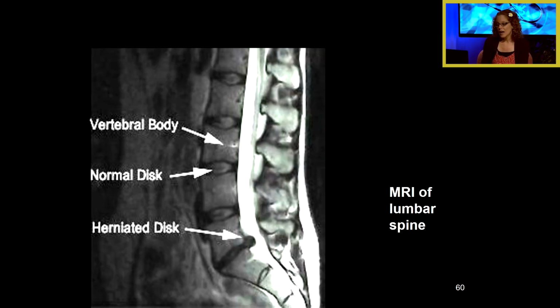So here's an MRI of the lumbar spine, and on this we can see the vertebral body. We can also see a normal disc, but if we look down lower, we can see the herniated disc. See how that herniated disc is herniating out into the spinal column. So that is an MRI of the lumbar spine.